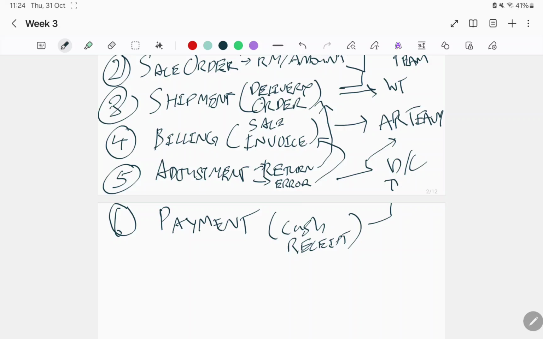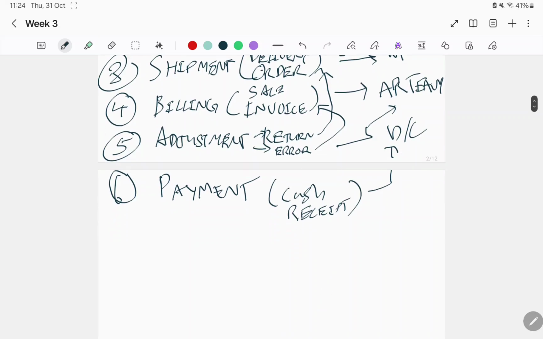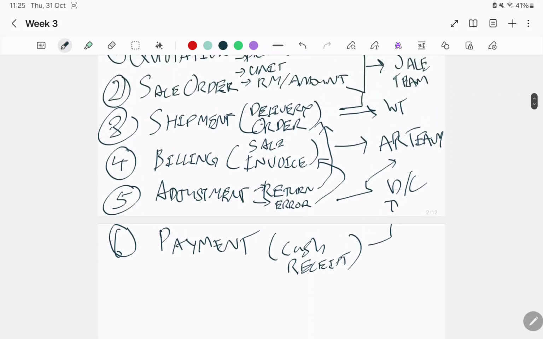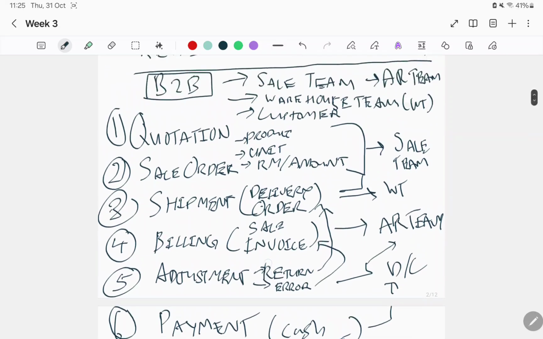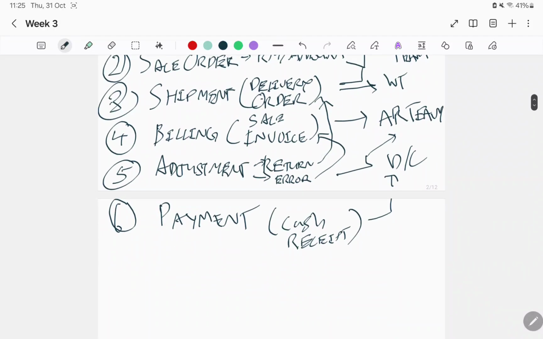If the sales team handles this one, it's possible. In reality, that is possible. There was like one man doing all the process from first until the end. It's possible if it's a small business, but when we look at a very big business, the AR team will have a specific team that handles the billings and a specific team that handles the payment. It also builds up the internal control.